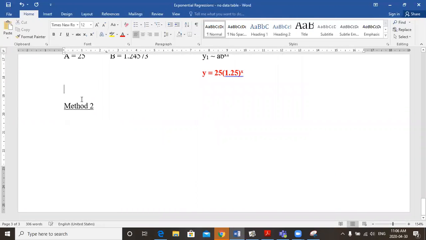Okay, so our method 2, our pre-cal method. So y equals initial value times the base, which is the rate of change, to the power of x divided by the time frame.